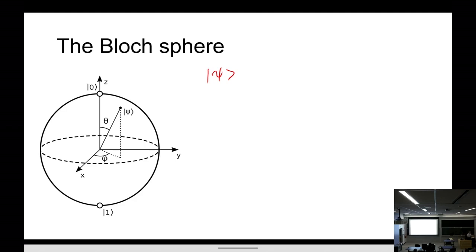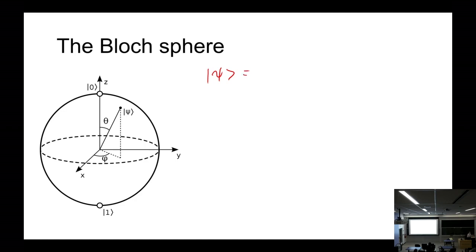And so I have the polar coordinates defined here relative to Cartesian axes. So we have some angle theta, which is measured away from the z-axis, and we have some angle phi, which is away from the x-axis. And so if I rewrite my quantum state in terms of polar coordinates, it would look something like this.